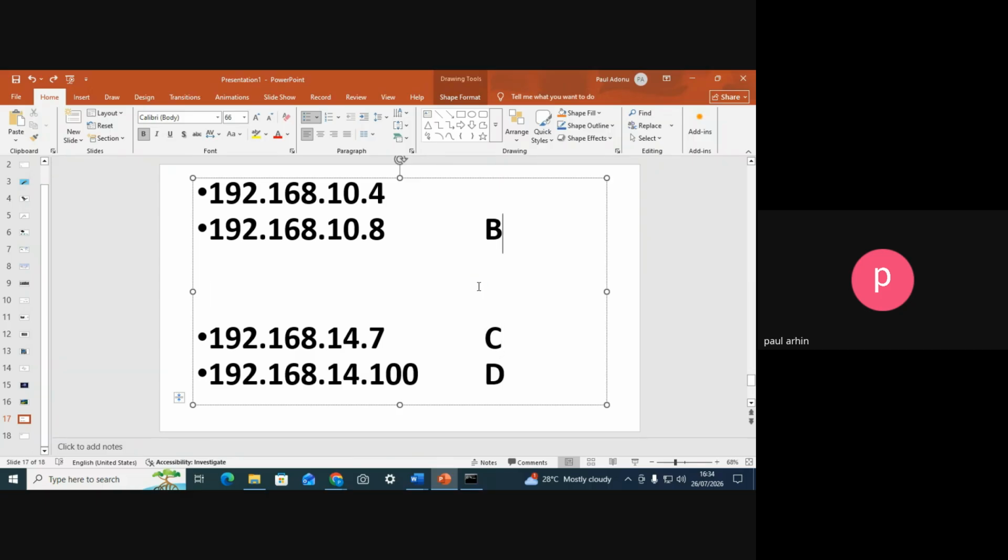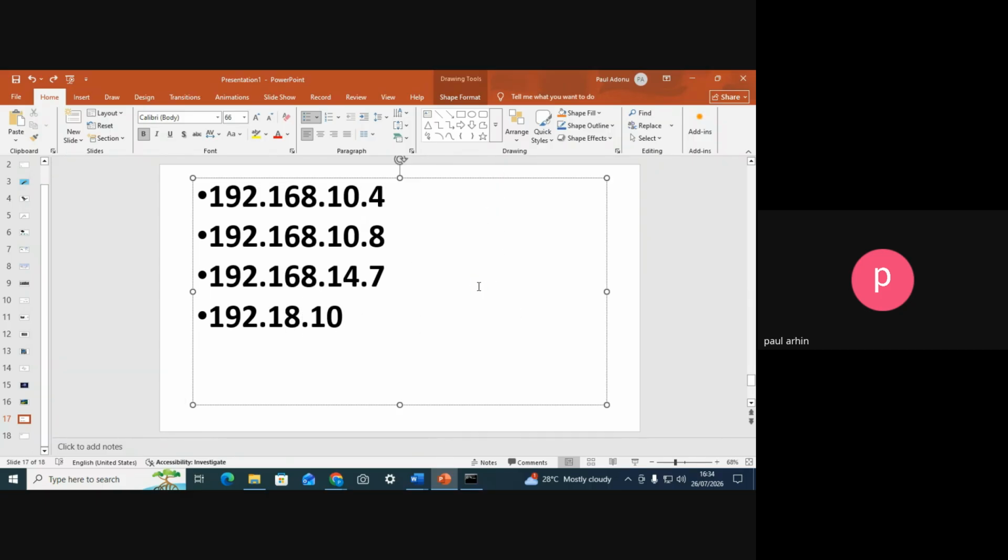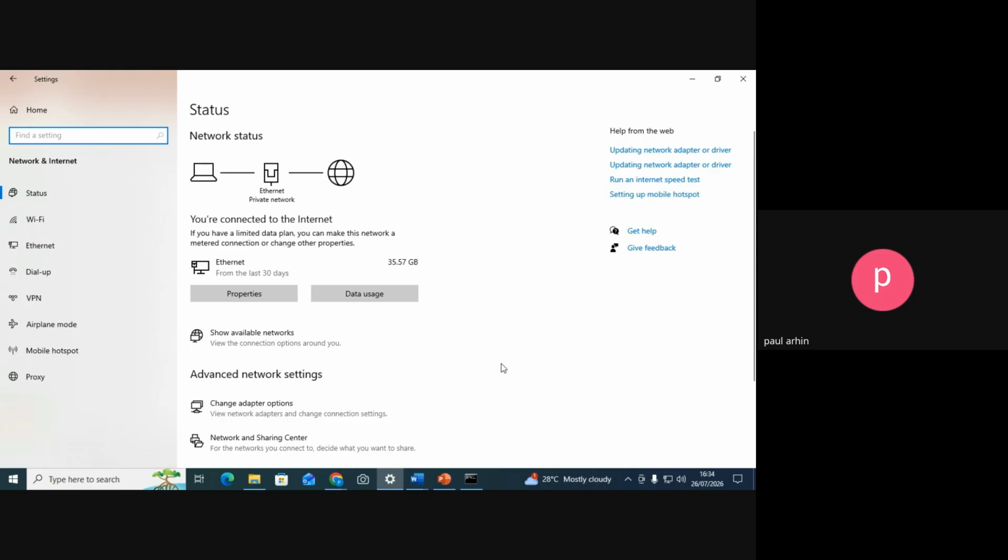So for class A, for instance, let me show you this one as a demonstration. Look at this carefully. I'm trying to get to the network part of it again.